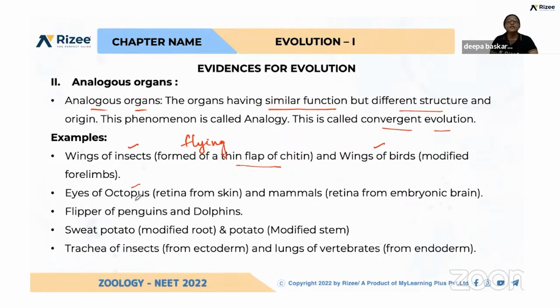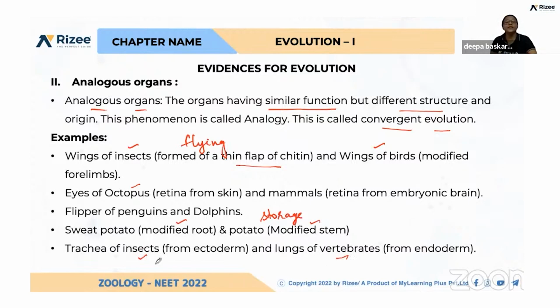Eyes of octopus and mammals, flippers of penguins and dolphins, sweet potato and potato. Here sweet potato is a modified root and potato is a modified stem. Structurally they differ, but the function is storage of food. Trachea of insects and lungs of vertebrates are totally different.